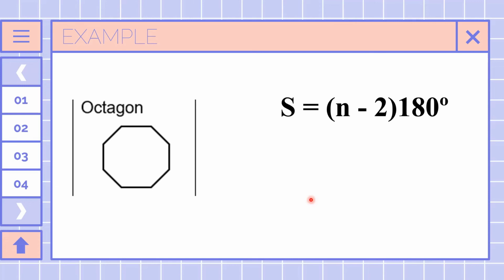And if you have your answer, just say it in our virtual class. 1,080 degrees po. 1,080 degrees. Is the answer the same? So let's wait for the others to see if the answer is the same.